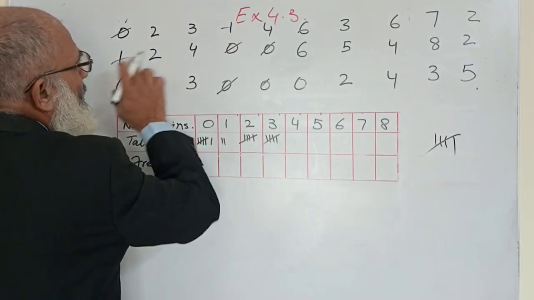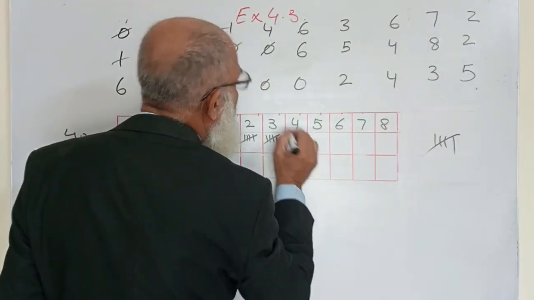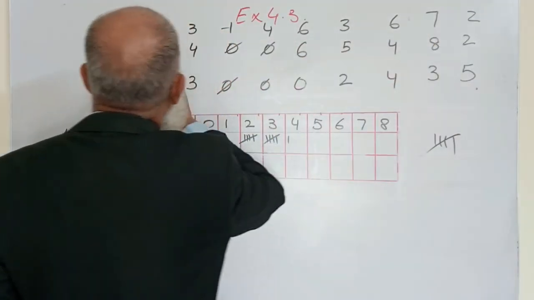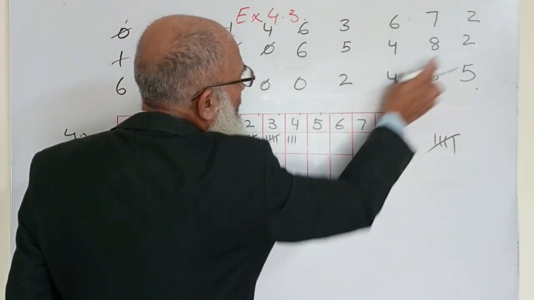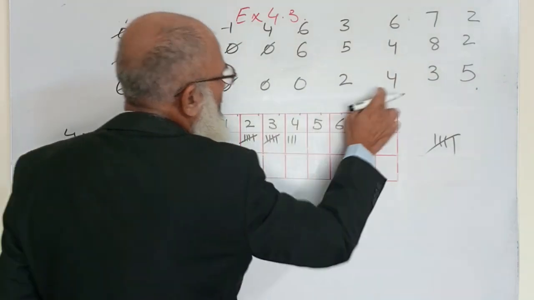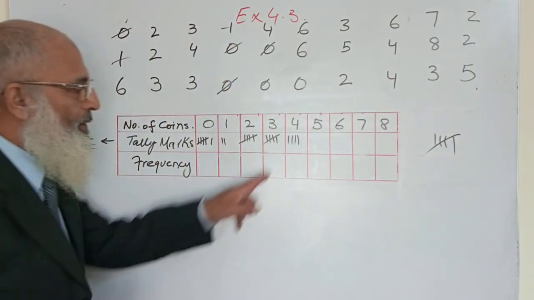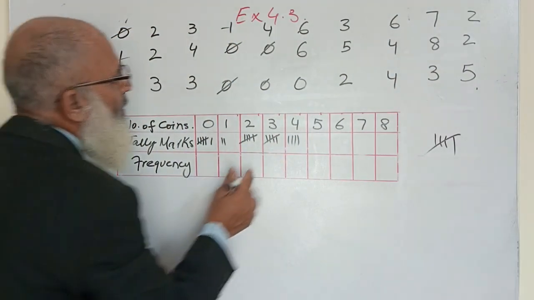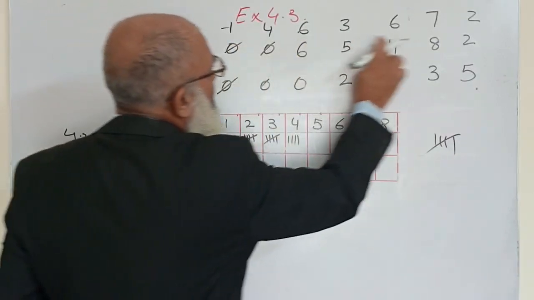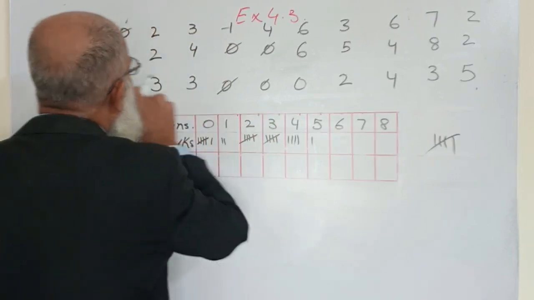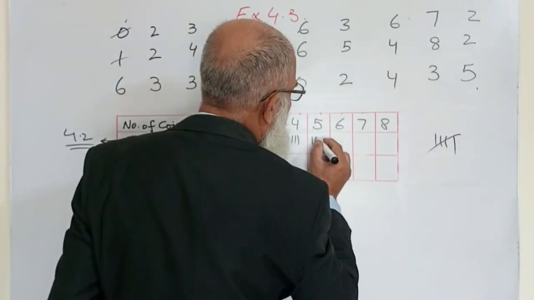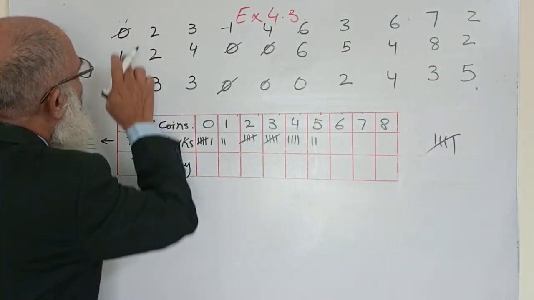These are completed. Now 4, 1, 2, 3, 4. Now these are only 4, 5, 1, 2. Only 2.